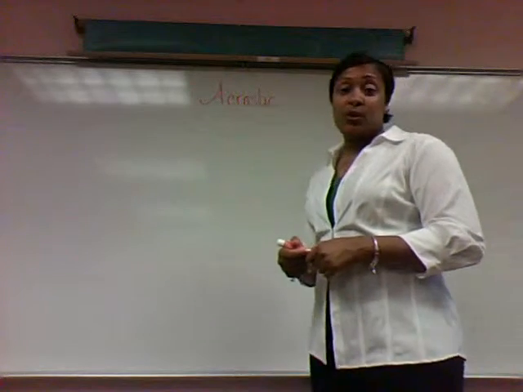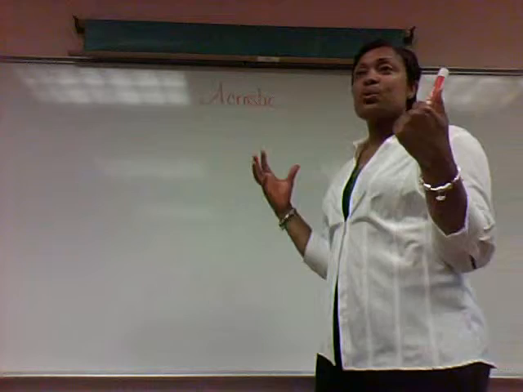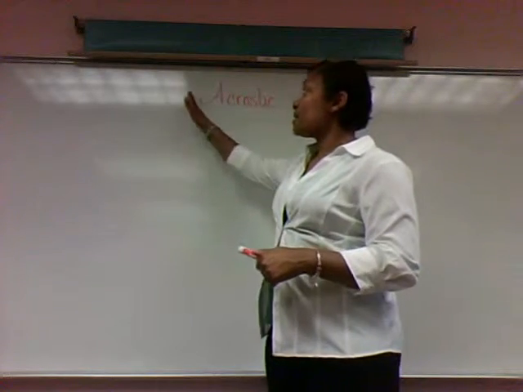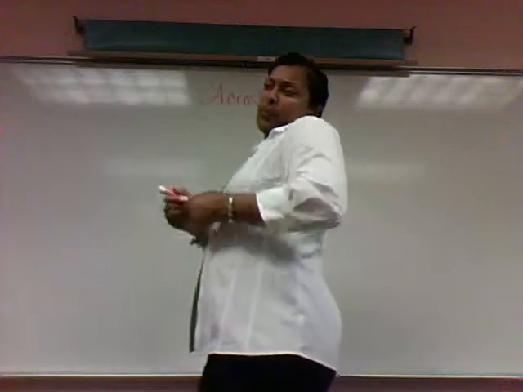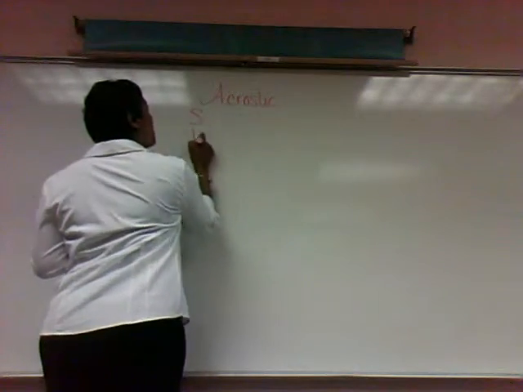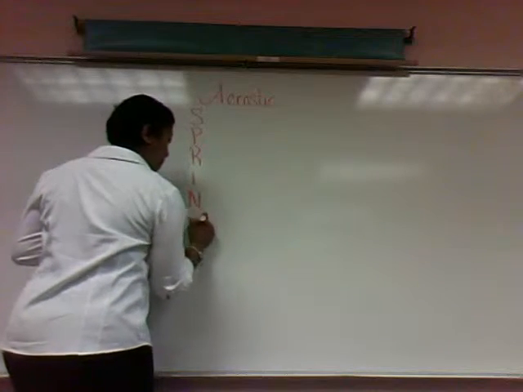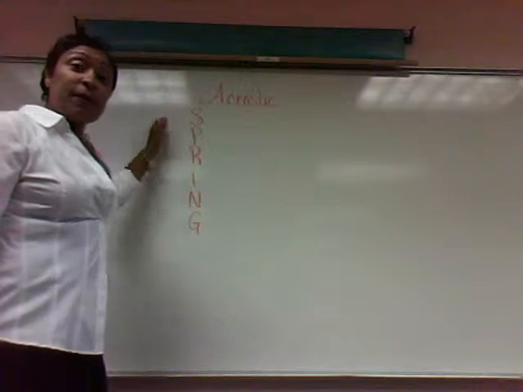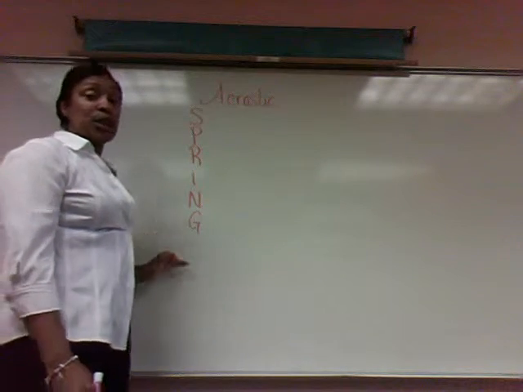So when we're dealing with an acrostic poem, the very first thing that happens is we choose a topic and we write that topic, but we write it in a vertical form. So I'm just going to choose the topic spring because I like spring. So I would spell spring vertically. S-P-R-I-N-G.